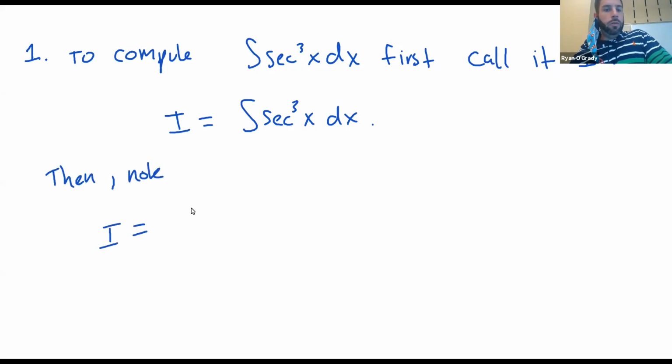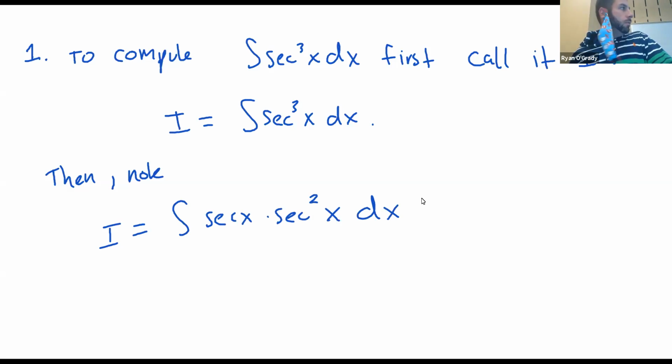What you want to do is note that I is equal to the integral of secant x times secant squared x. You break it into two pieces, so that any power 3 can be written as power 1 times power 2. And then you're going to use some trig identities.